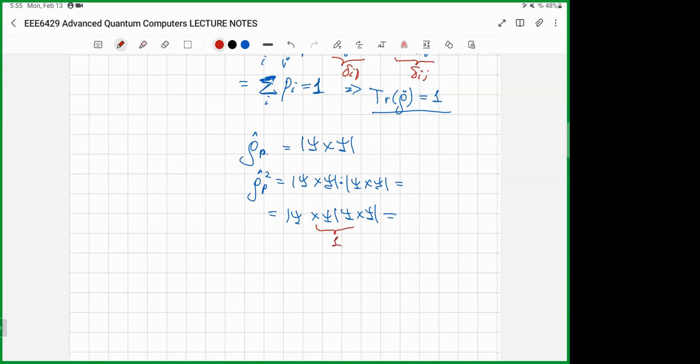So this is 1. And we conclude that this is equal to |psi><psi|, or rho.